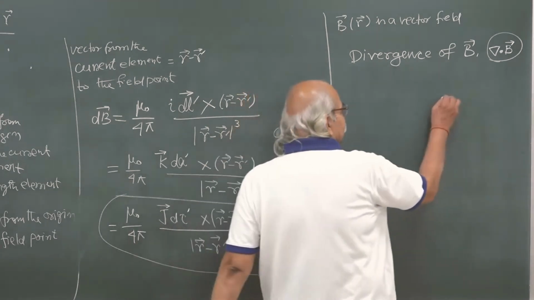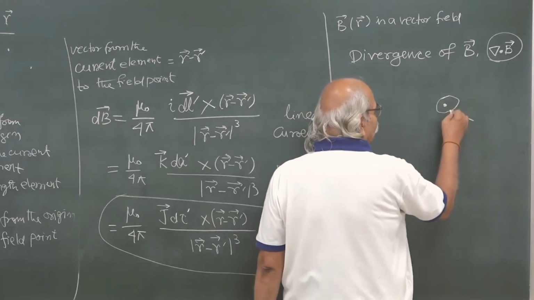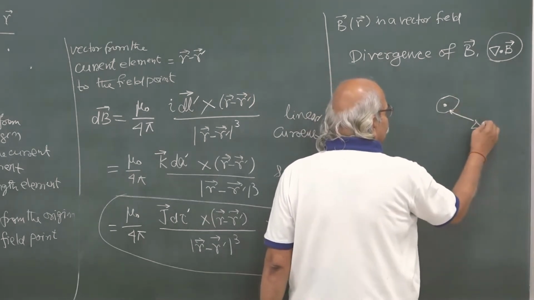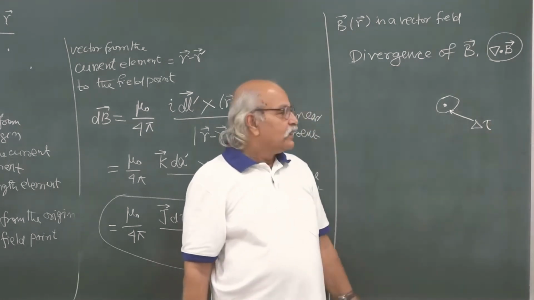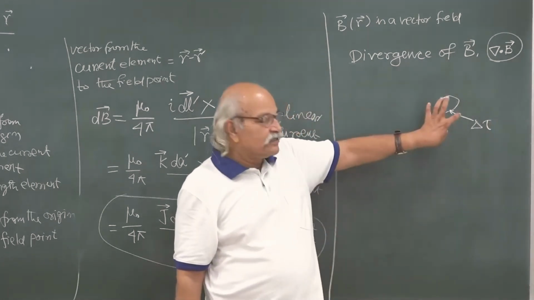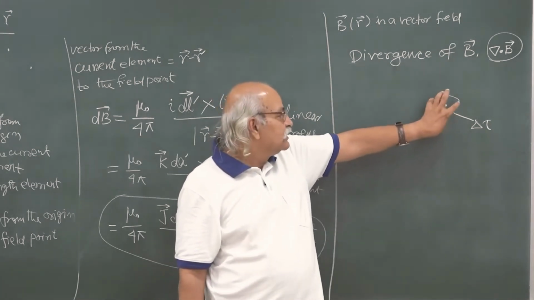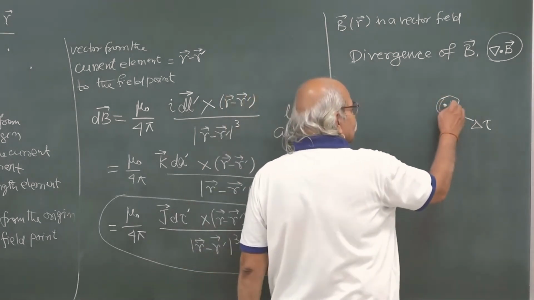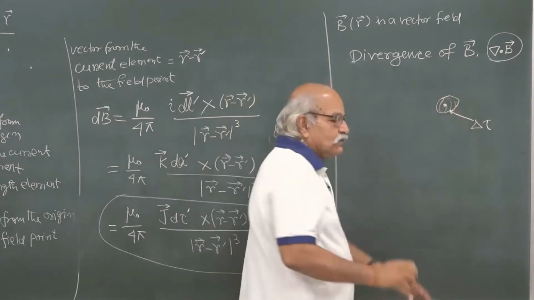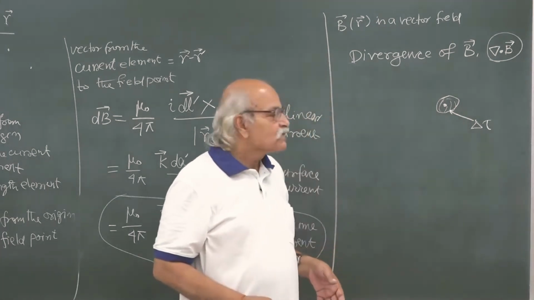So, we construct a small volume, and the volume, let me write, is delta tau, and this point is inside the volume. Closed volume means there is a surface and this P point is inside.